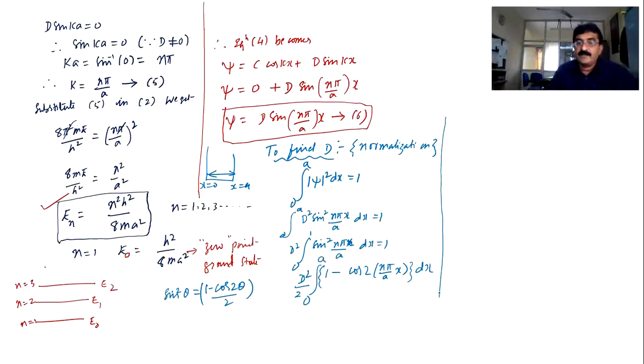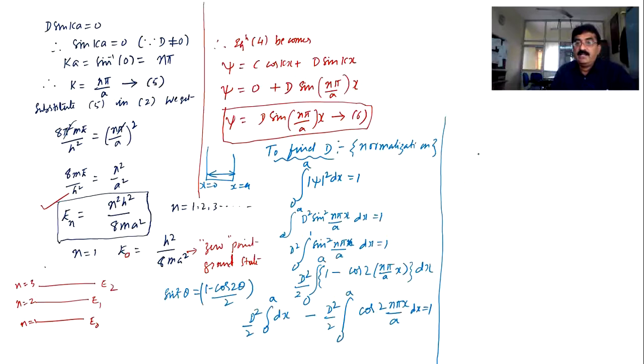Okay, let us proceed further. This becomes D square by 2 integral of 1 into dx minus D square by 2 integral of cos 2 theta, that is 2n pi x by a into dx, that is equal to 1. In both the cases limits are 0 to a.